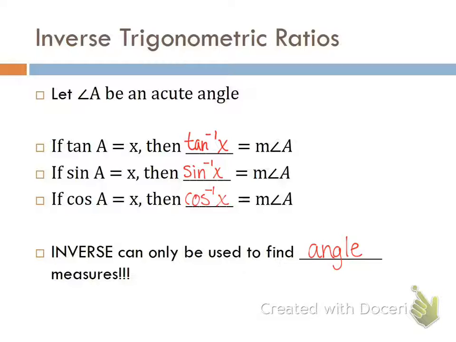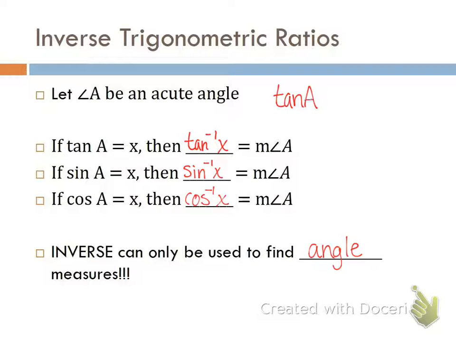Real basic. If you're trying to undo addition, you use subtraction. If you're trying to undo multiplication, you use division. If we have to undo tangent to get angle A alone, we're going to use inverse tangent. This is why it works.